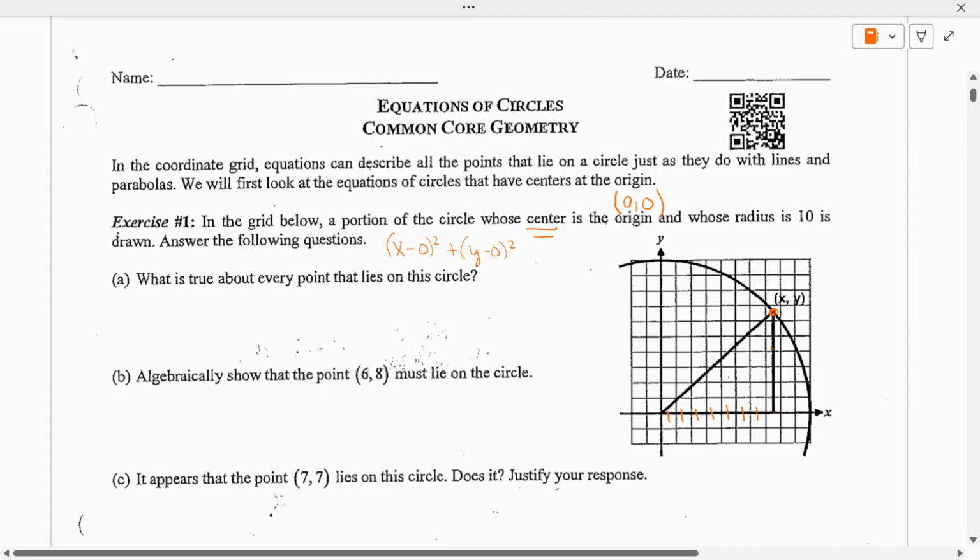This is not a perfect graph, but I'm going to tell you right now that this should be the ordered pair. Here's what I want you to write. What is true about every point on this? Every point is 10 units away.